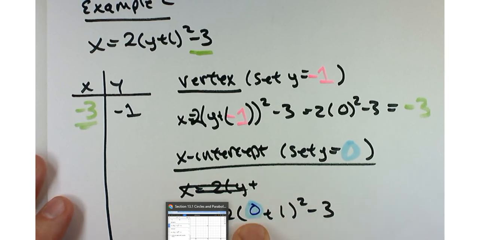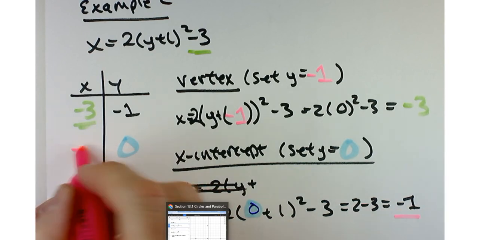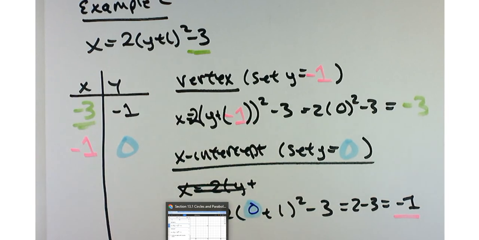So it's going to be 1 squared is 1, times 2 is 2. 2 minus 3 is -1. So 0 for y gives me -1 for x. 2 down, 2 to go.